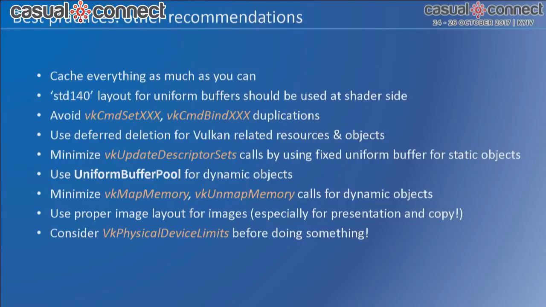And another thing is, before even starting to do something, you should consider your device limits, because every GPU has its own limits, and sometimes you may have issues because of that, which will be hard to verify later. So please be careful with this.